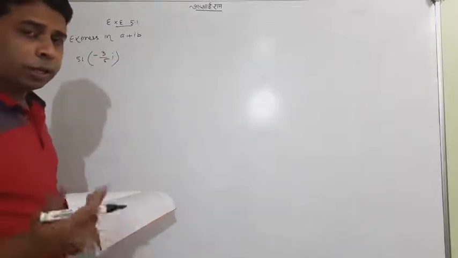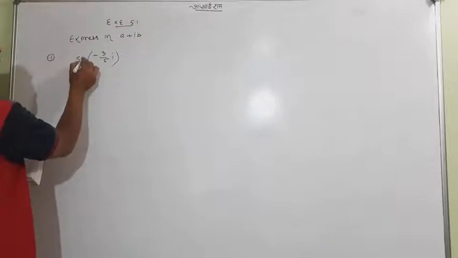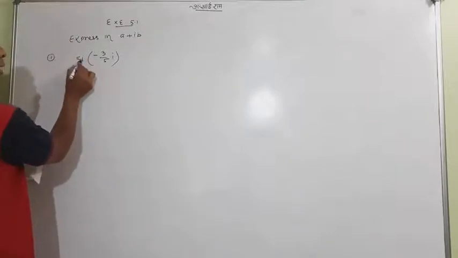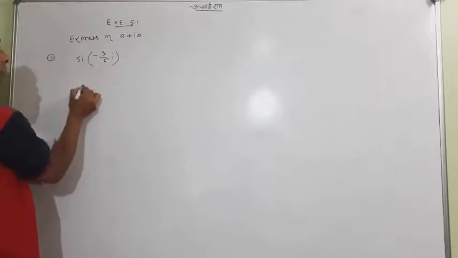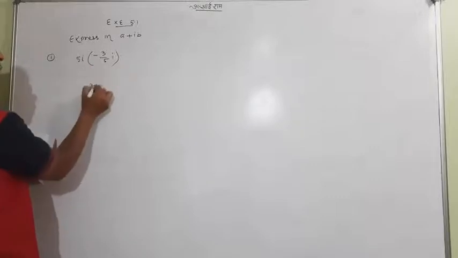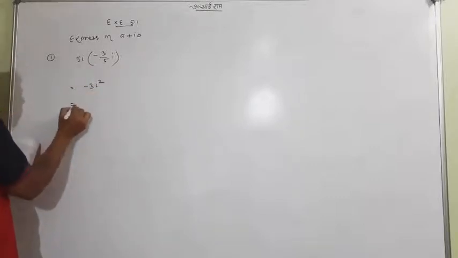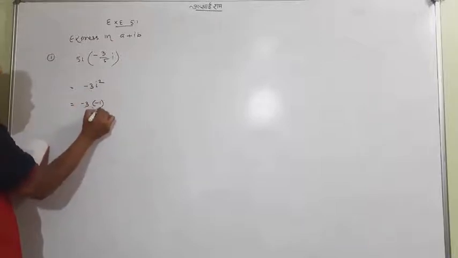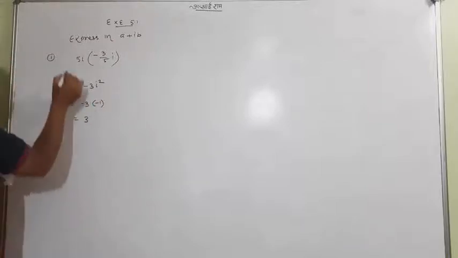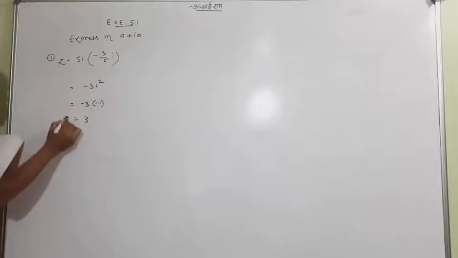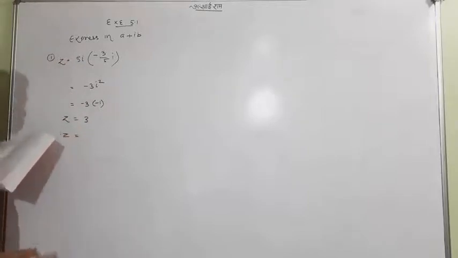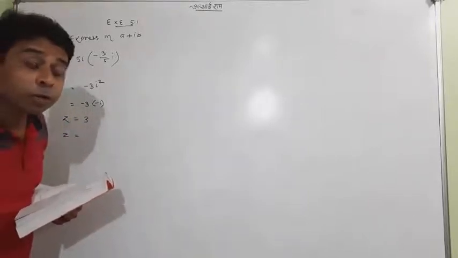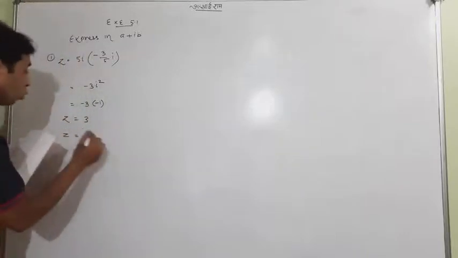You do only the so-called multiplication. In the multiplication, 5 and 5 will cancel, minus 3 will remain. i into i is i square, and that i square is minus 1, so the whole answer is 3. So that is your answer. You assume it is z, so z equal to 3. 3 is completely real, pure real, no imaginary part.